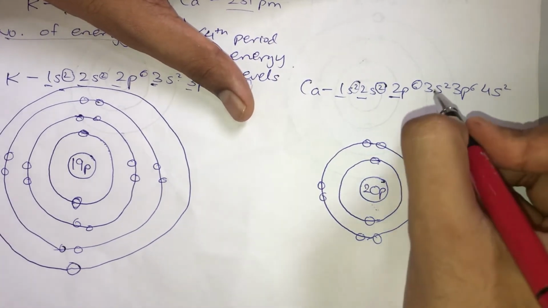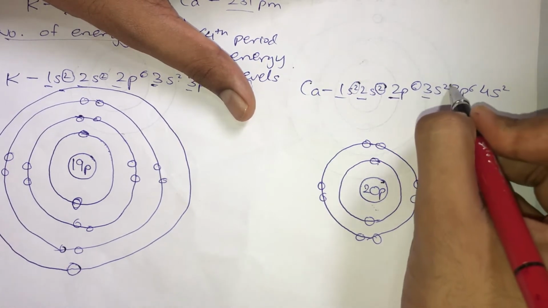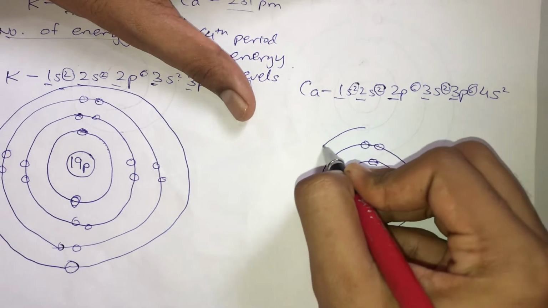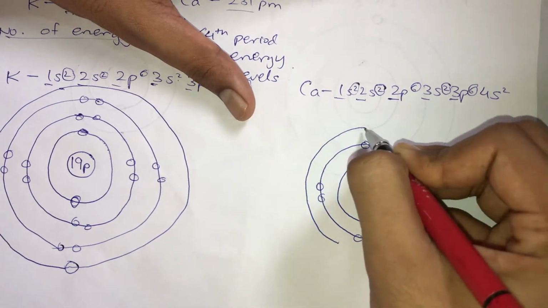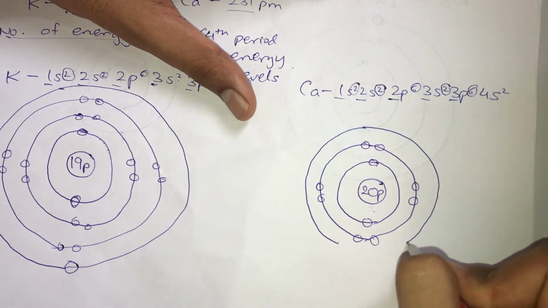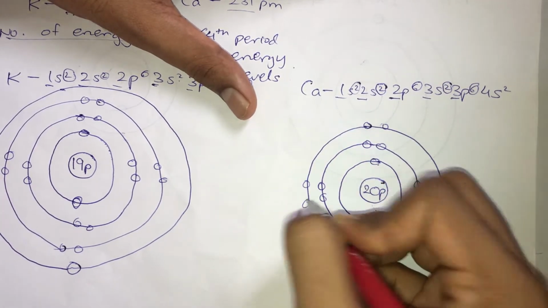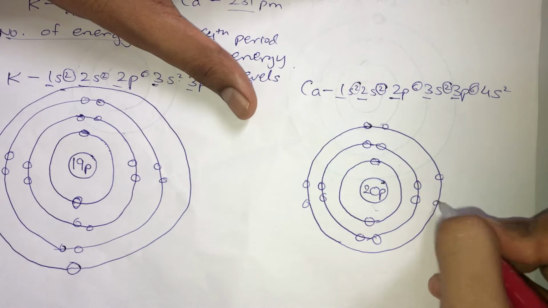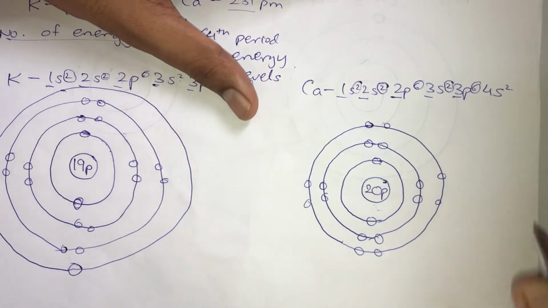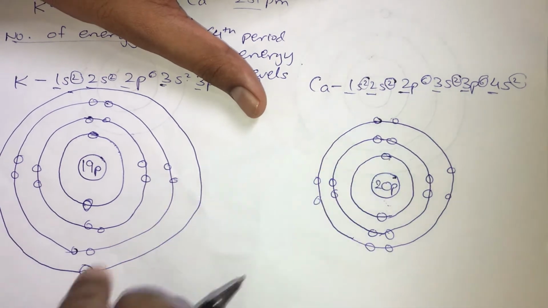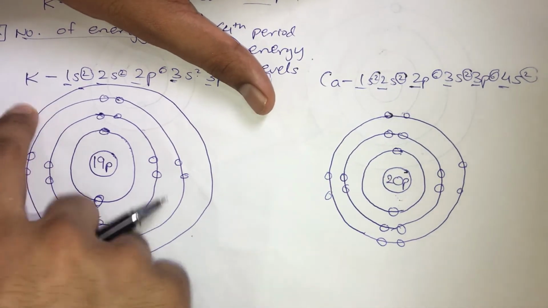And inside the third energy level, there are 2 plus 6, again 8 electrons. Okay, and inside the fourth energy level, here there are 2 electrons instead of 1 electron in the potassium atom.